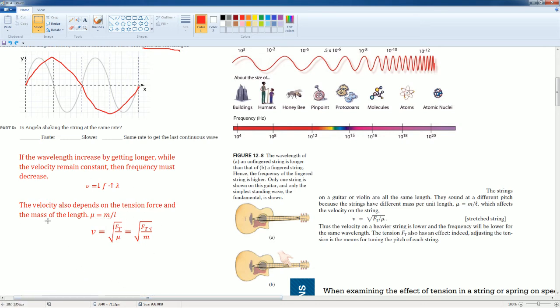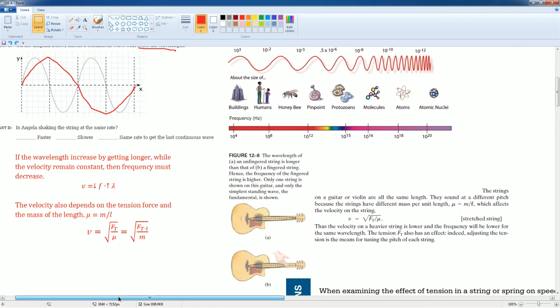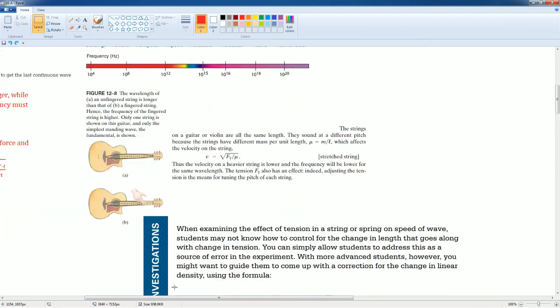This whole part here comes from these notes that you should take a look at. It says, the strings on a guitar or violin are all the same length. They sound at a different pitch because the strings have a different mass per length, mu equals m over L, which affects the velocity of the string. V equals the square root of F_T over mu.